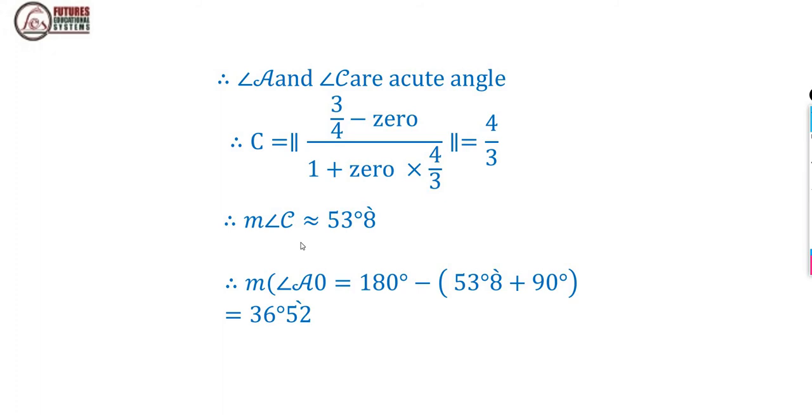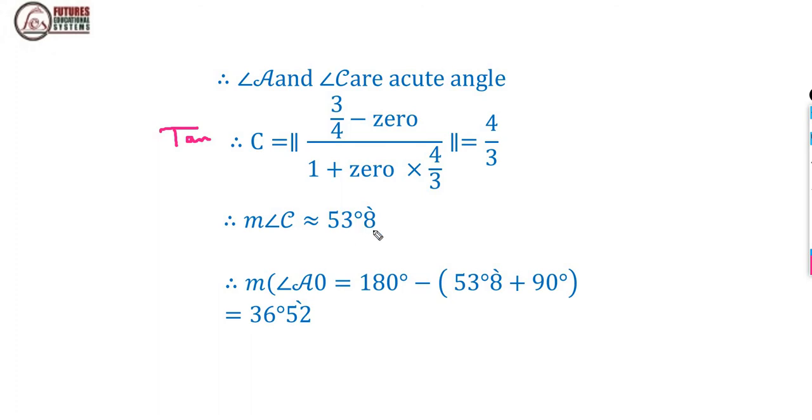Therefore, the measure of angle C equals 53 degrees and 8 minutes, because tan C equals 4 over 3. Therefore, C equals shift tan of 4 over 3.